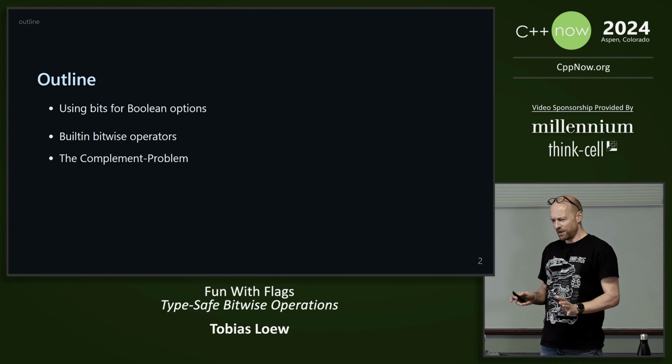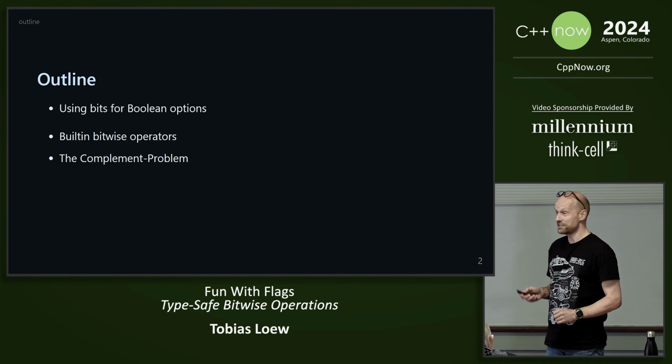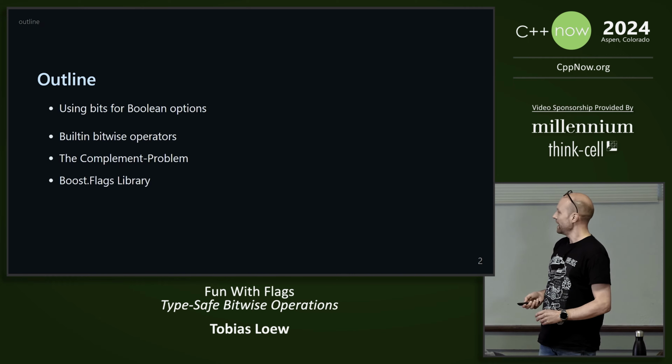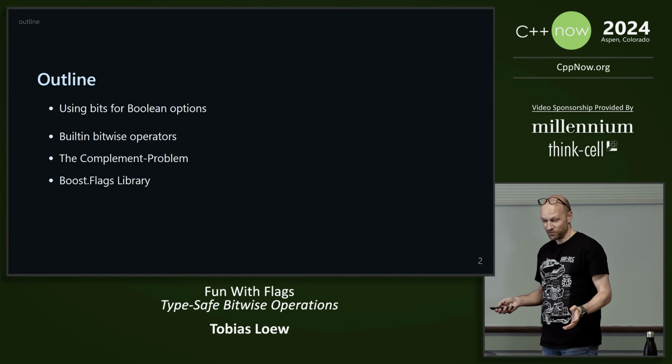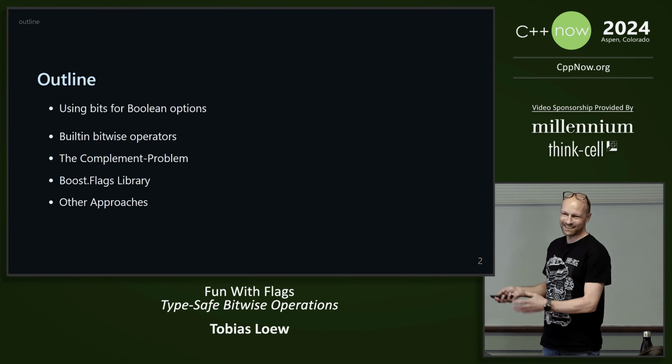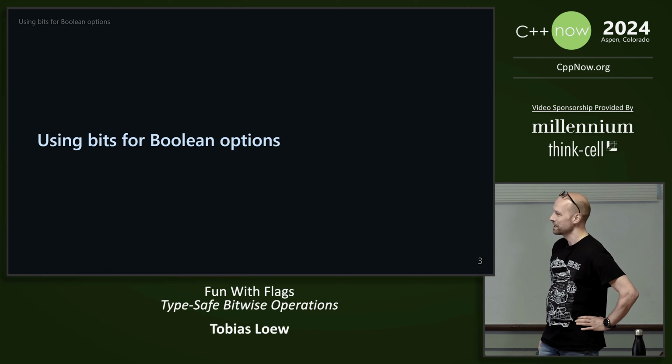Then I want to talk about the problem we have with the complement, the negation operator. Then I will show you what my library does with all this. And finally, I want to show you some other approaches that are out there.